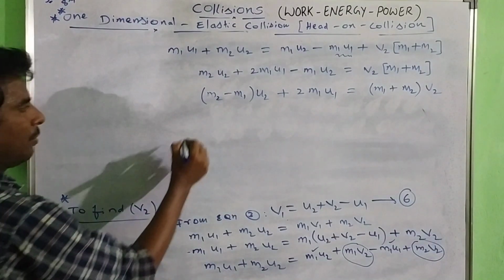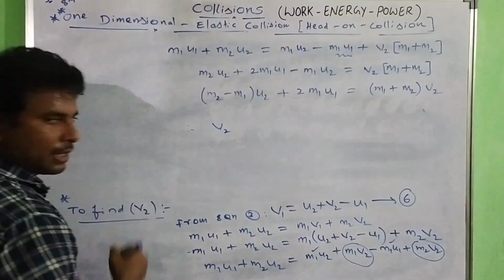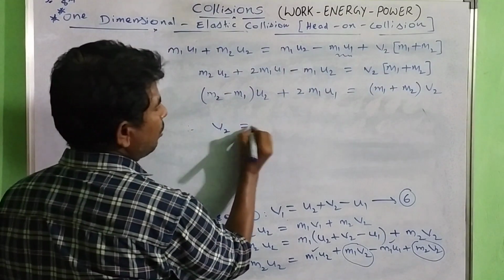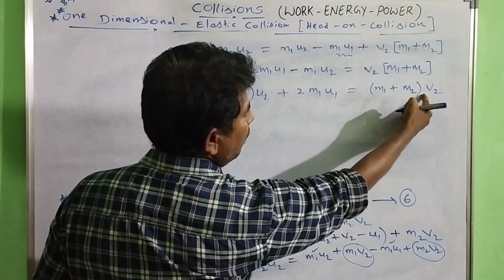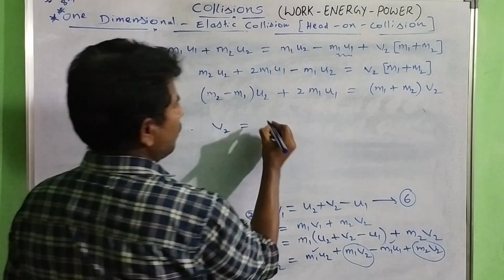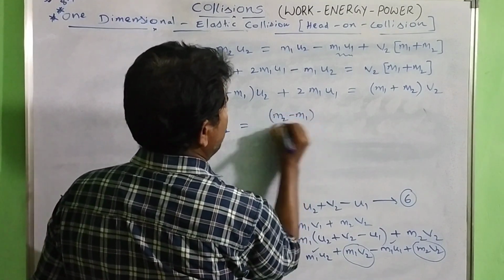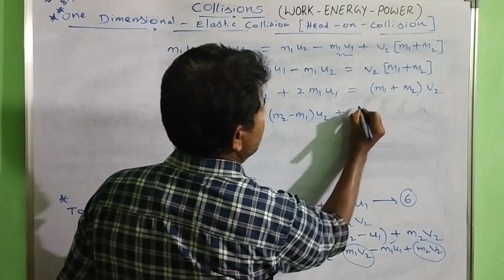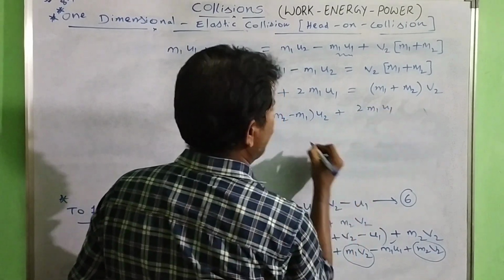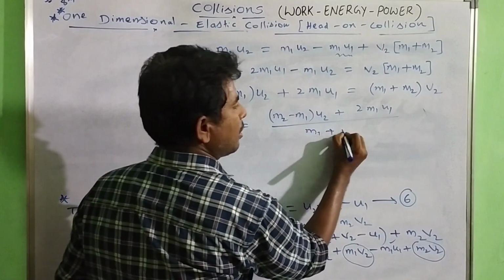Therefore v2 equals m2 minus m1 into u2 plus 2 m1 u1 by m1 plus m2.